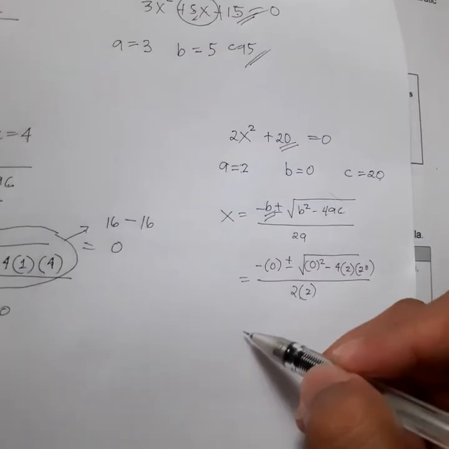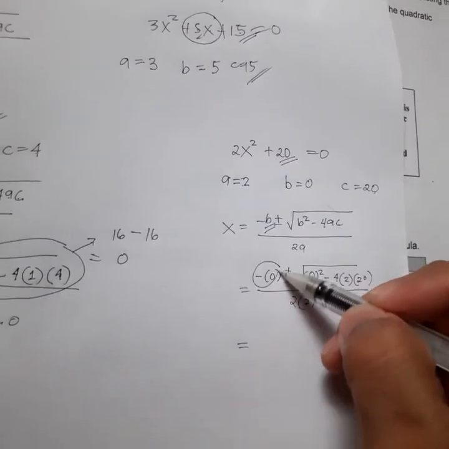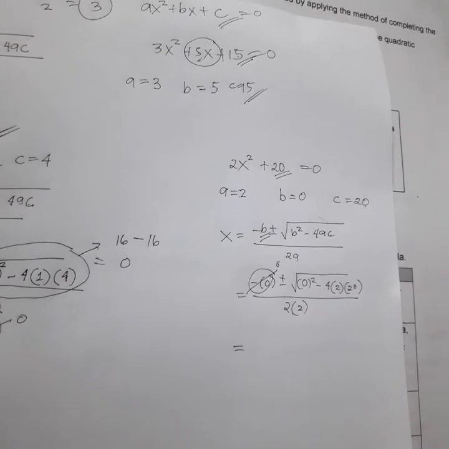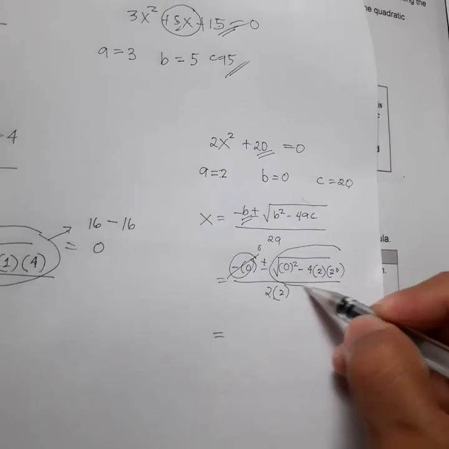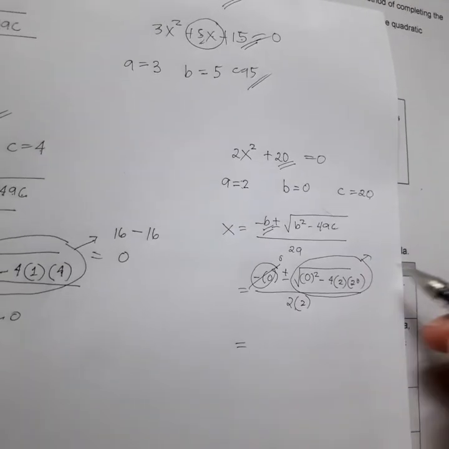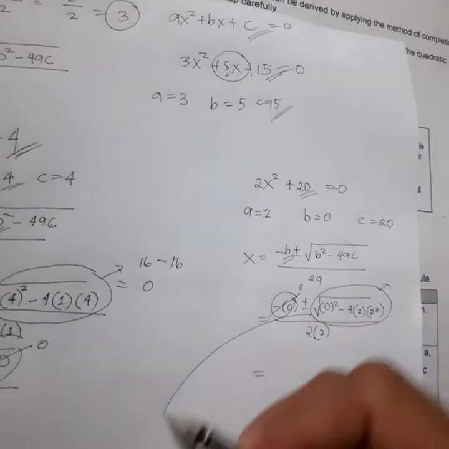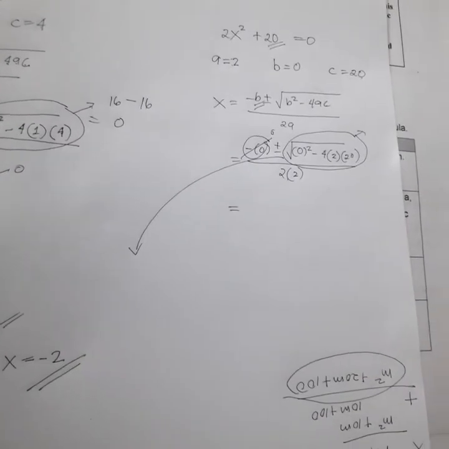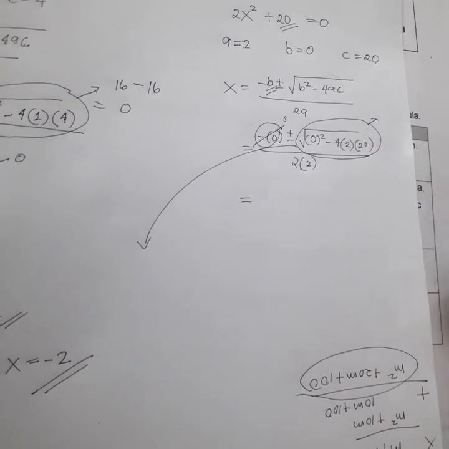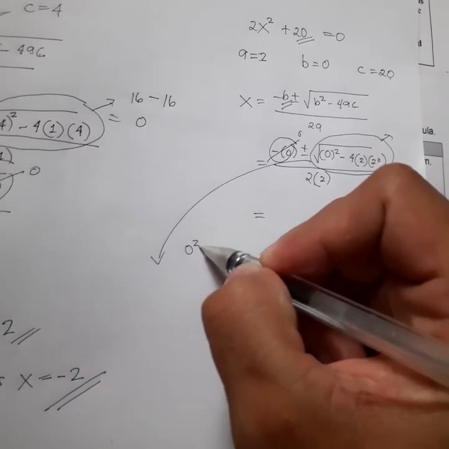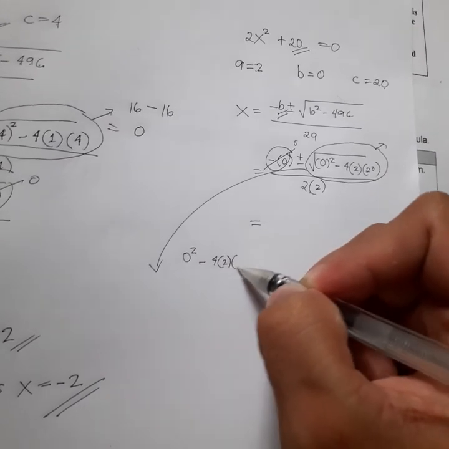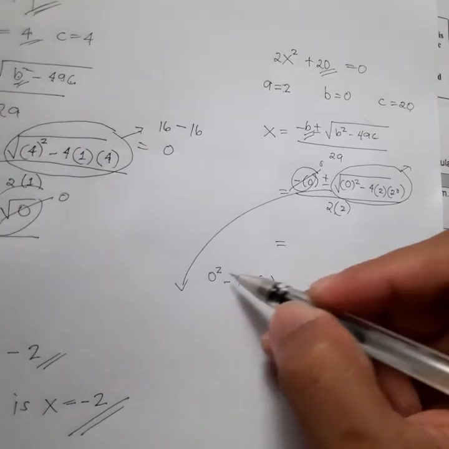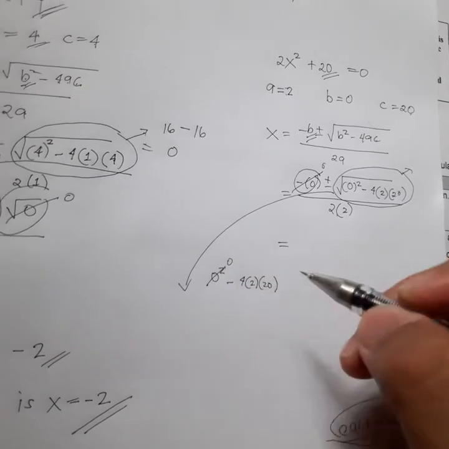Next, the negative 0 is gone since it is already 0. Then let's solve this first. We have 0 squared minus 4 times 2 times 20. 0 squared is already 0.